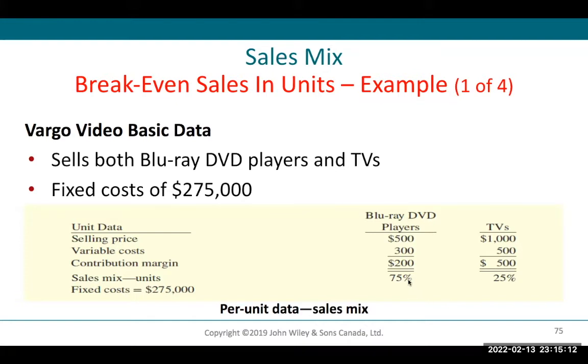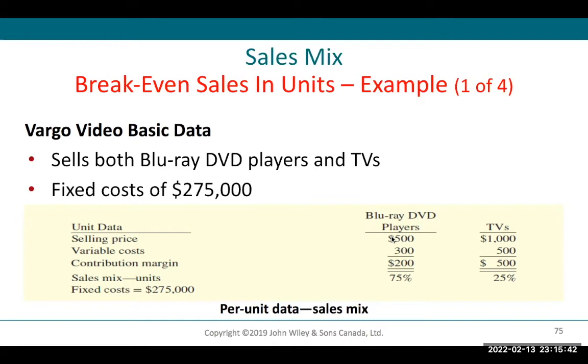Now with the sales mix in units, sorry, I thought that the units were on this slide, but let's imagine that, for example, we had 1,000 units of DVD players and we had 200 units of TVs. So in total, there's 1,200 units of all the products combined.